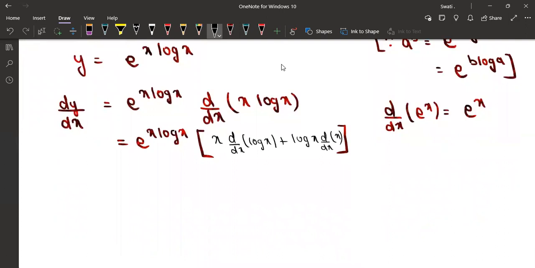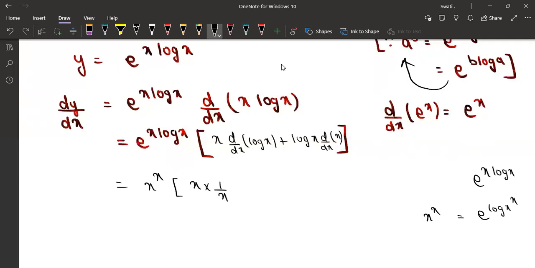Now e raised to x log x, using this formula, I can just write the back step as well, right? So e raised to x log x is nothing but e raised to log x raised to x, which is nothing but x raised to x only, right? So using the formula in a reverse way, we can simply write this as x raised to x, from where we had started. And now this will become x, and the derivative of log x, we all know, is 1 upon x by formula. Log x as it is, and the derivative of x with respect to x is 1.